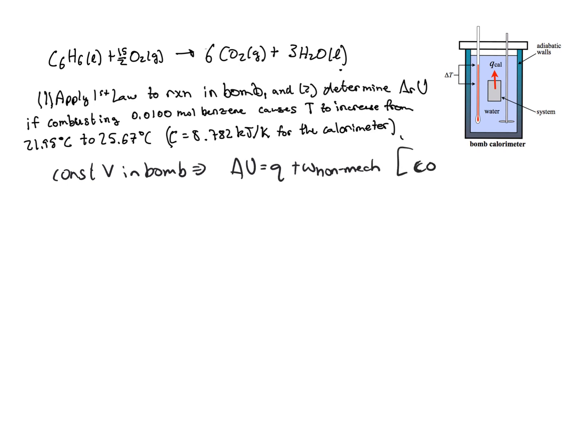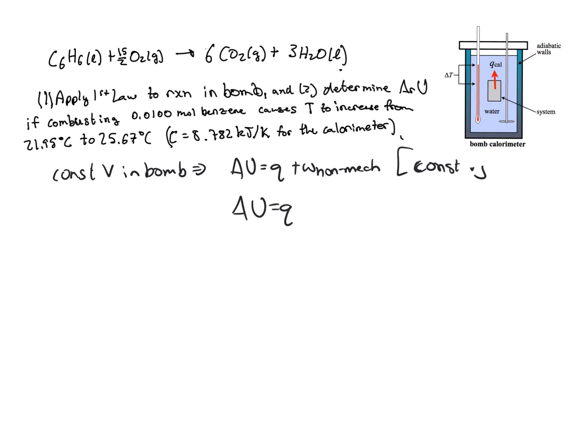And that's true at constant volume. In the bomb calorimeter here, we don't have any resistors or anything like that. So we just have delta U is equal to Q. And that describes what's going on inside the bomb. So the change in internal energy inside the bomb is equal to the heat that is released or absorbed.